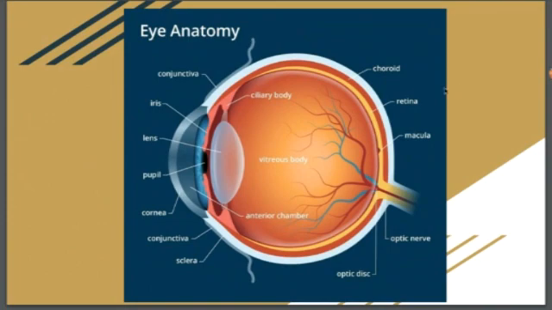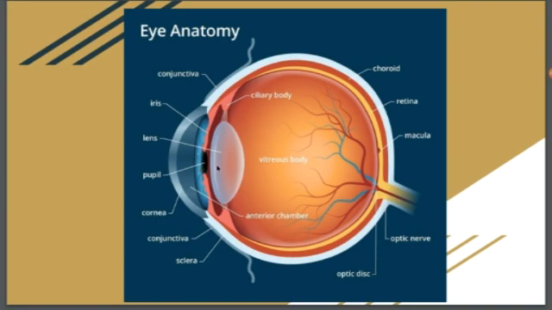When we are comparing the eye with a camera, the iris is just like a diaphragm, and the retina is behaving like the screen of a camera. In front of the lens we have one liquid which we call aqueous humor.